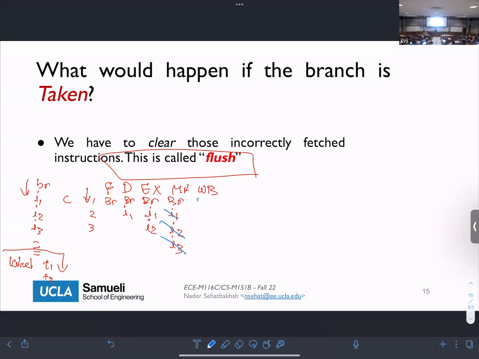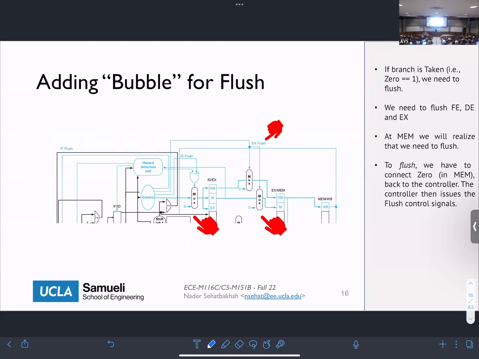At this point, the branch goes into the write back stage, and the I1 and I2 and so on have to go to the fetch stage. So this would be T1, then T2, and so on. We're basically saying that whatever we fetched, decoded and executed, just get rid of all of them and, now that we have the correct address, go and start fetching the correct instruction. How do we do that?